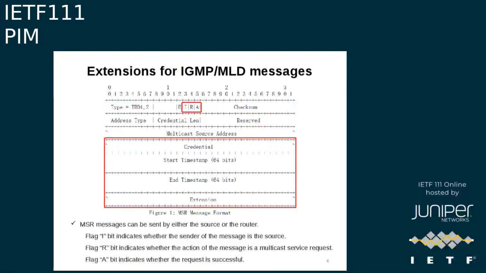Flag R bit indicates whether the action of the message is a multicast service request. Flag A bit indicates whether the request is successful. Credential is used for authorization of multicast sources. Timestamps are used to indicate the duration of the service request. Next page, please.